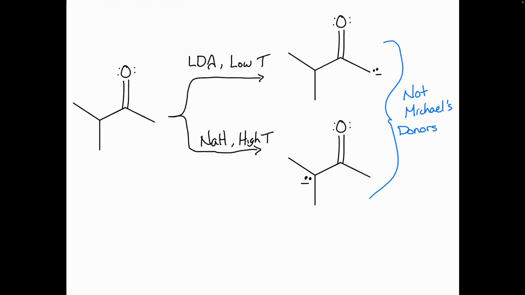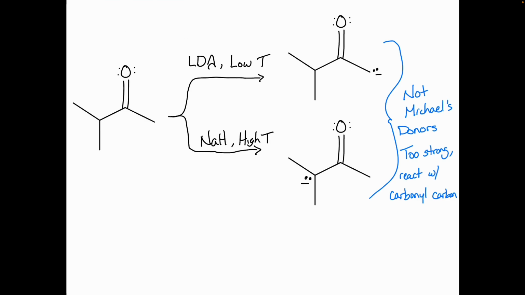These enolates right here are too strong. They're too good nucleophiles. They will react with the carbonyl carbon instead, much like a Grignard would. So a normal old enolate is too strong.